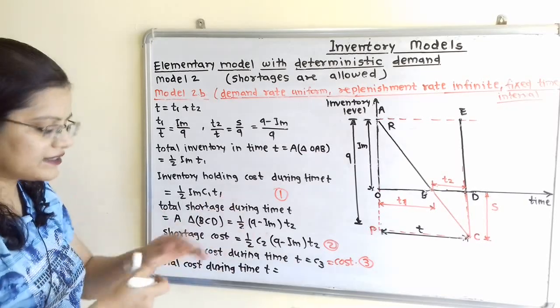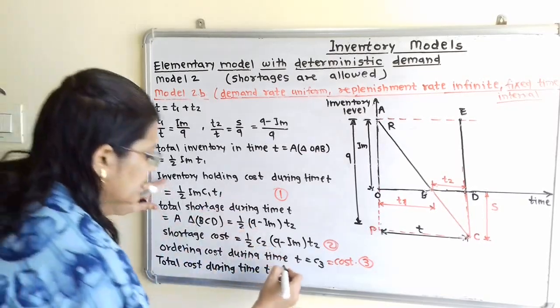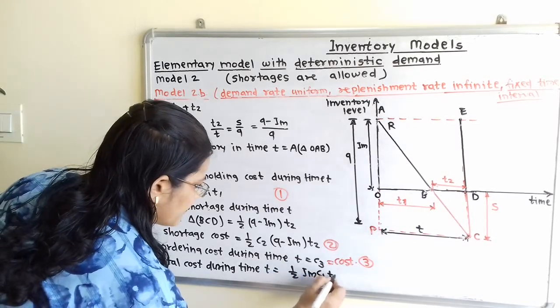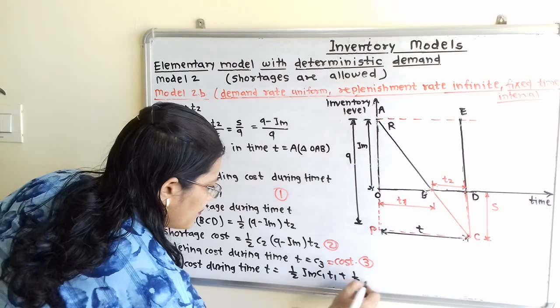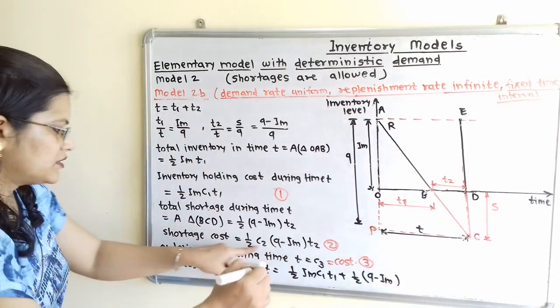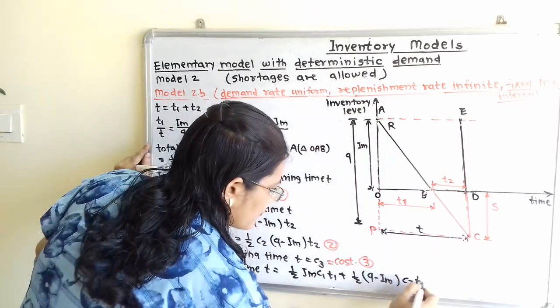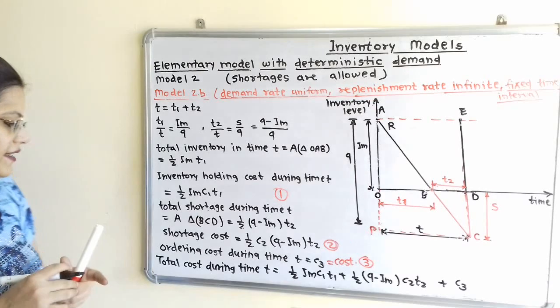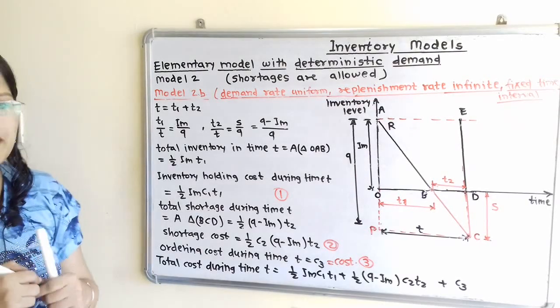We have to add these three costs. So I will add this, that is half Im C1 T1 plus half Q minus Im C2 T2 plus C3.